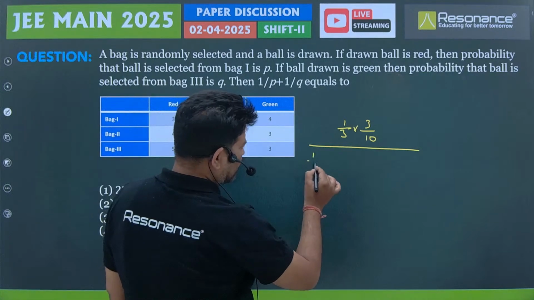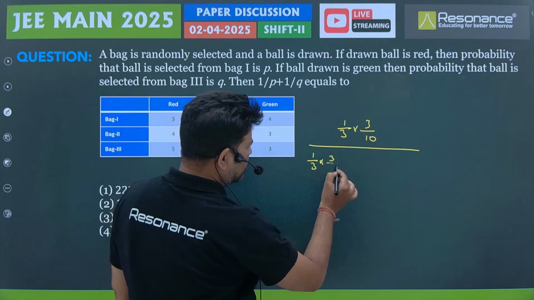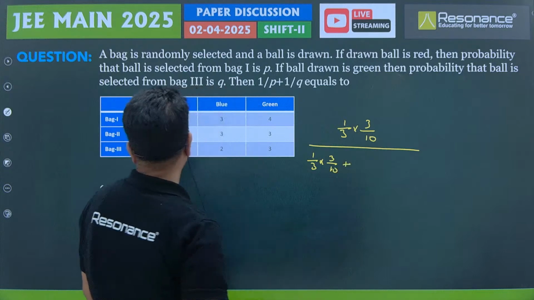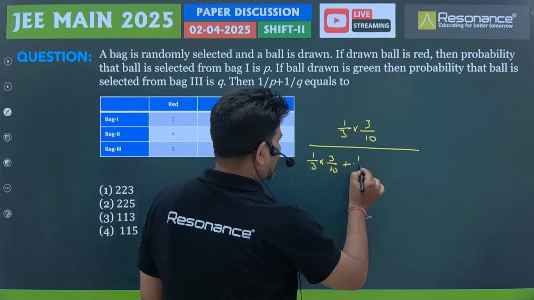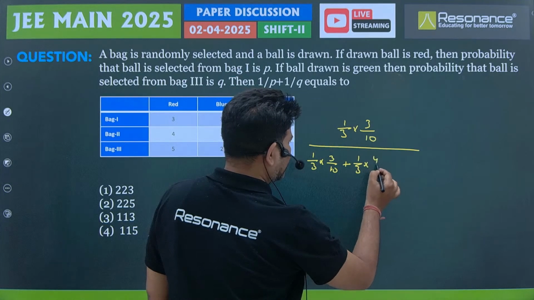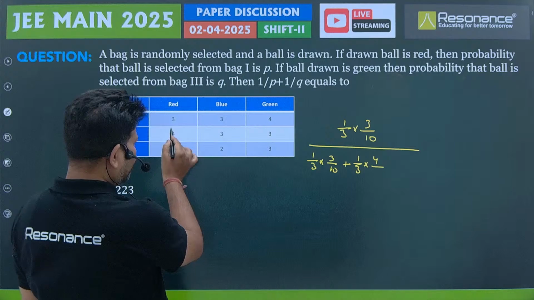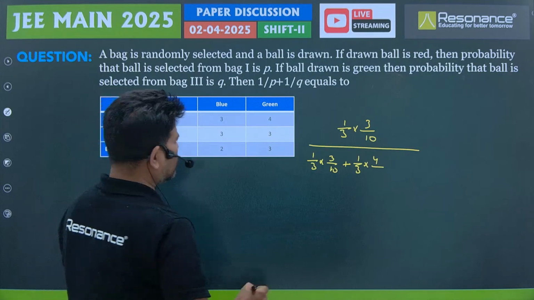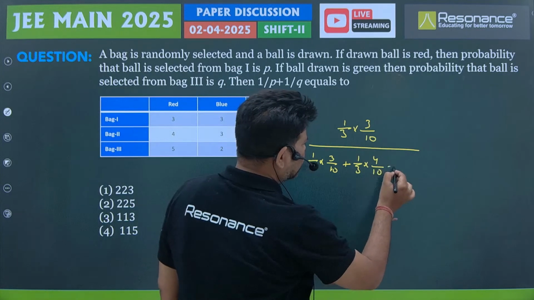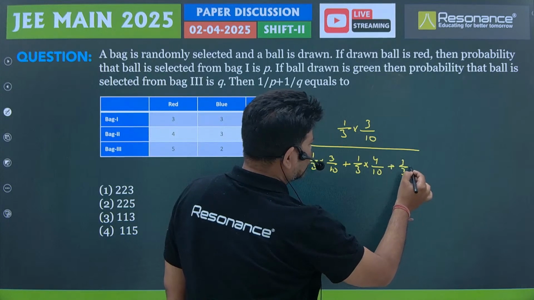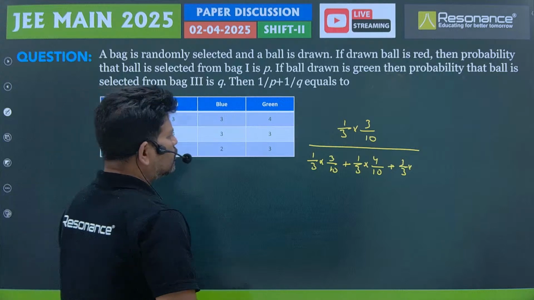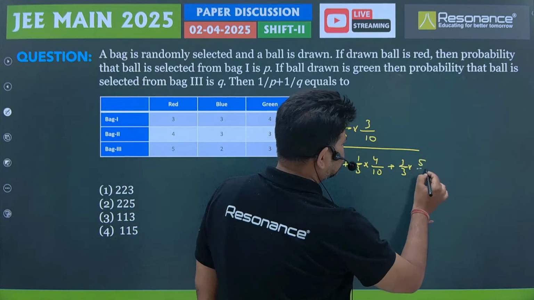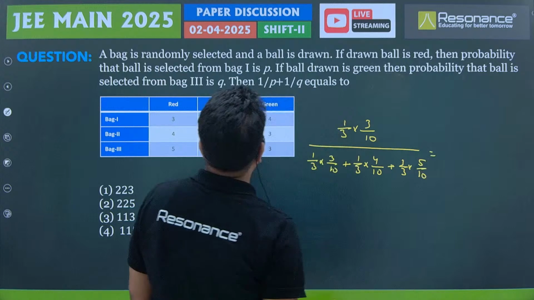If the bag 1 only, so into 3 by 10 plus. If bag 2 also chances are there, so 1 by 3, 4 by, why am I taking the 4 here? Because the red balls are 4 by 10, plus 1 by 3. For the third bag also chances are there, so 5 by 10. This is the value of P.